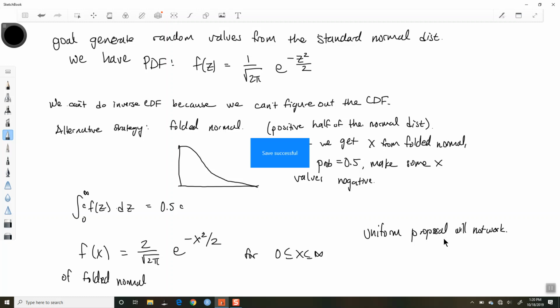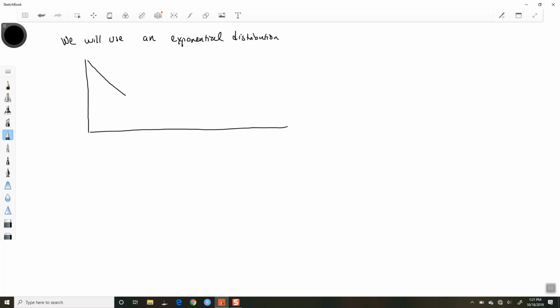So instead, we're going to use an exponential distribution. An exponential distribution technically does go off to infinity. It looks like this, and it just keeps going off to infinity.